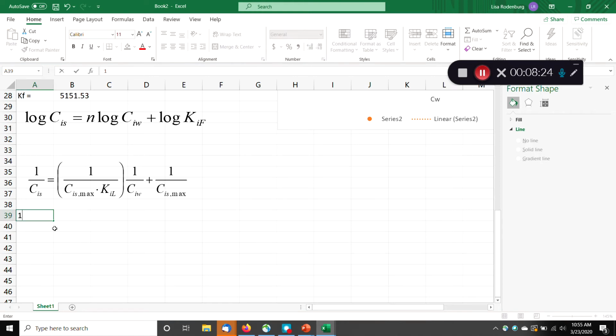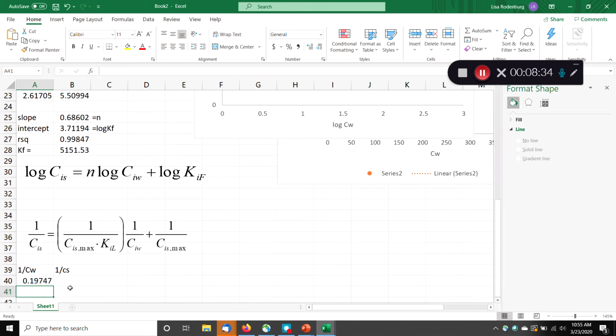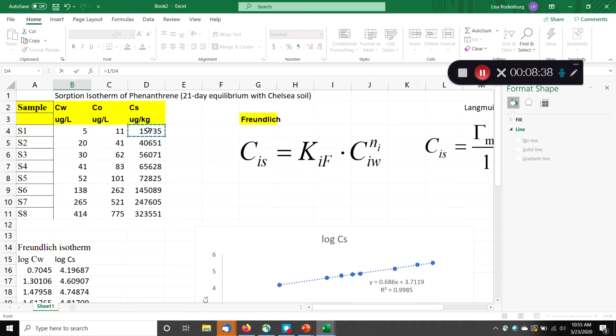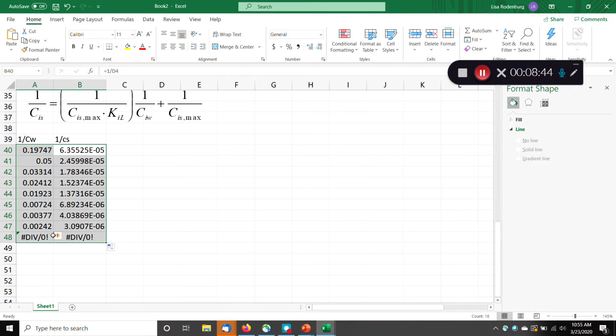So 1 over CW here, 1 over CS. 1 divided by CW equals 1 over CS, and there we go. Then I can plot this.